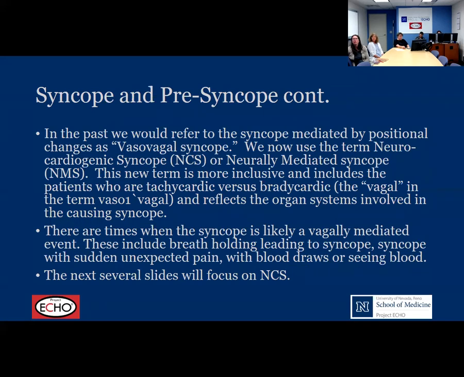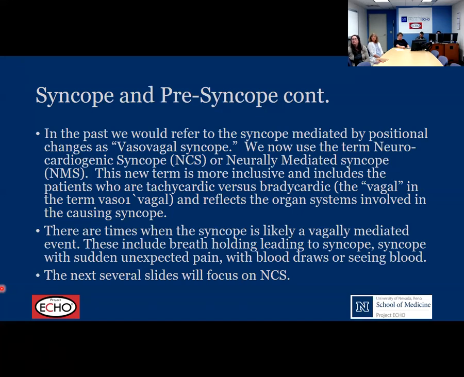So there are lots of different names for this very common kind of syncope. We used to call it vasovagal syncope. We no longer really use that term because most people don't have as big a vagal nerve complaint. Most people are not really having significant bradycardia.